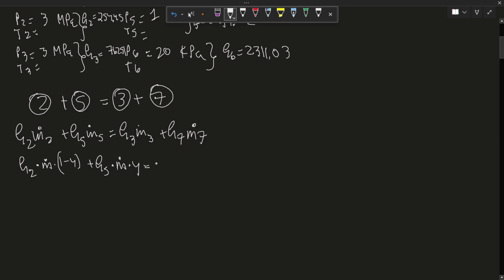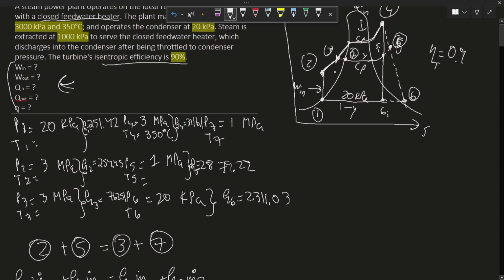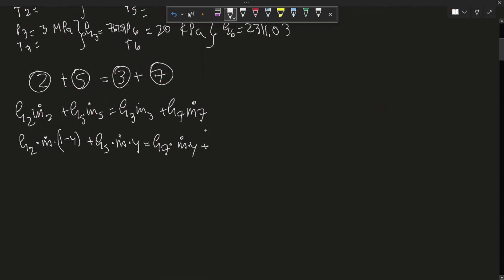And it's going into 7. So 7 is the same thing. And then at 3, it's going to be the same as at 2. Y amount of water is going over here, and then the rest, 1 minus Y, is going over here from 2 to 3. Okay? So H3 times the total mass flow rate times 1 minus Y.